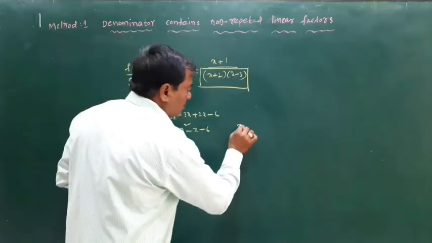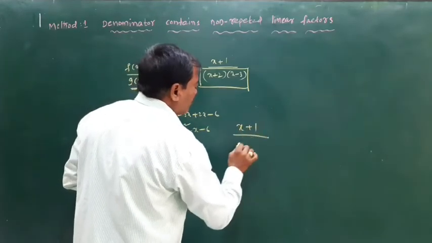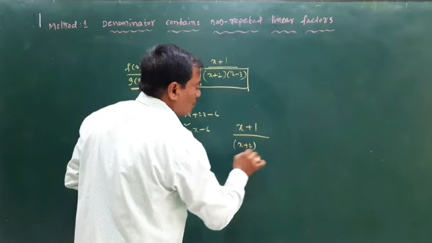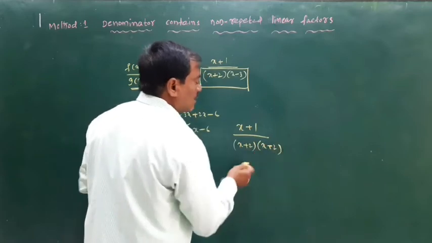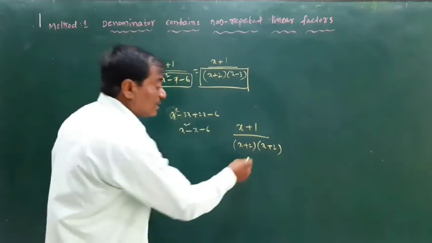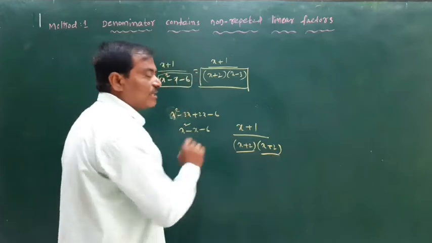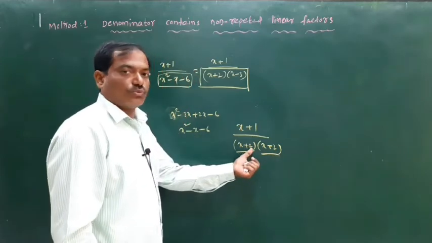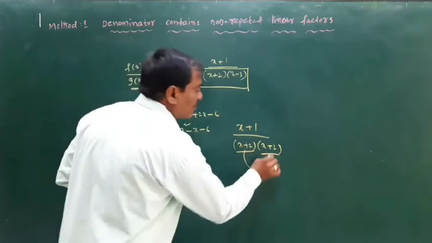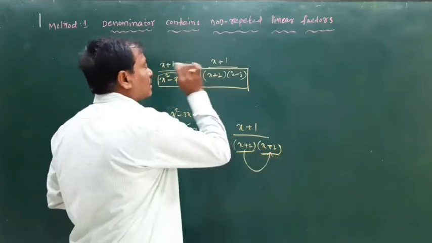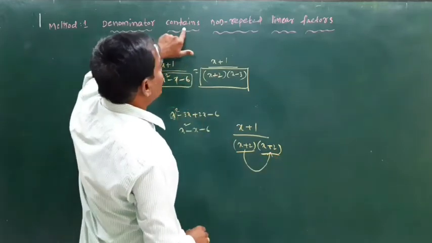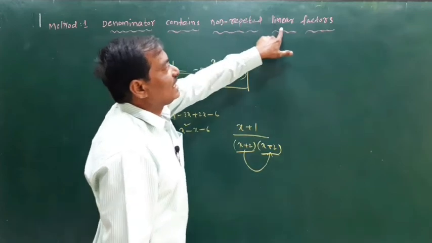Repeated means, for example, x plus 1 by (x plus 2)(x plus 2). Here g of x contains a repeated factor: x plus 2 is one linear factor and it is repeated twice. But in this method, the denominator contains non-repeated linear factors.